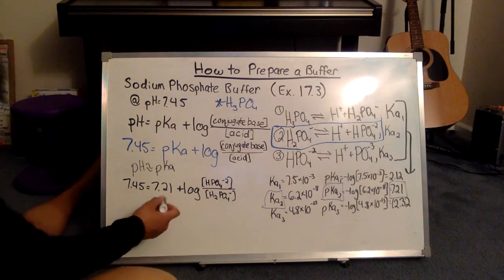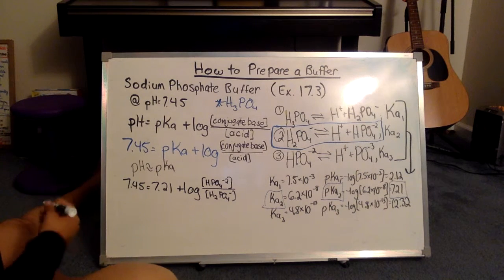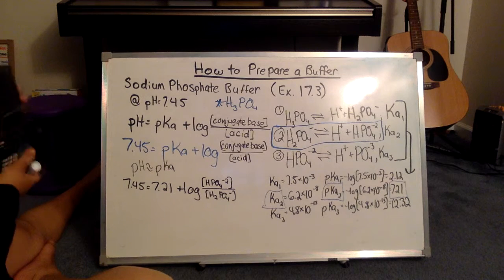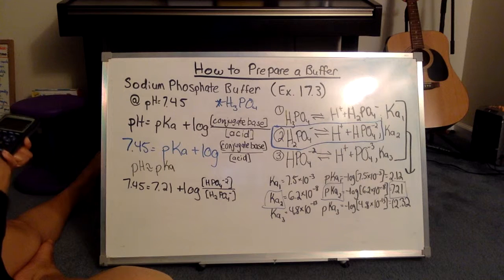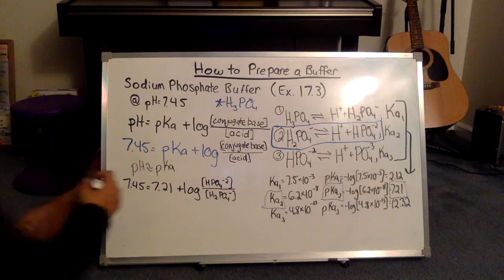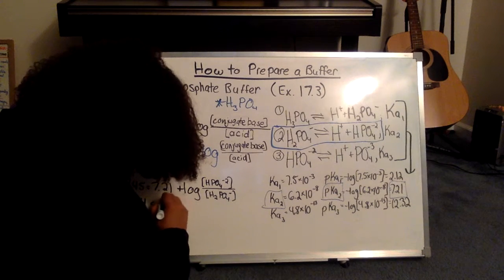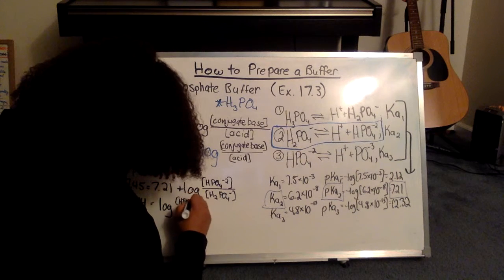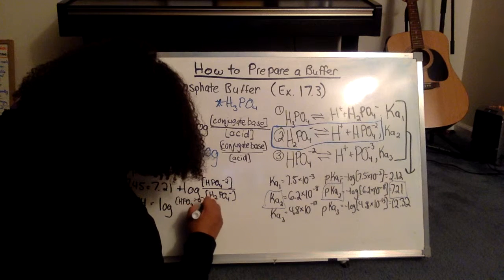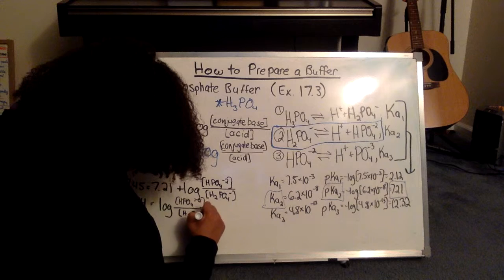If we subtract 7.21 on either side, we end up with 7.45 minus 7.21 equals 0.24, which is equal to the log of HPO4 minus 2 over H2PO4.